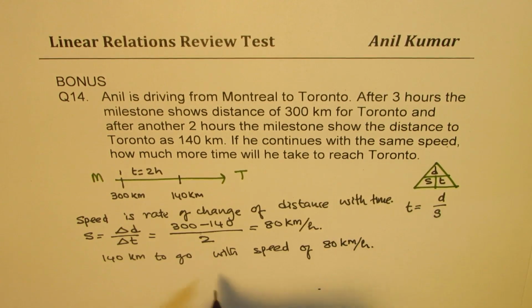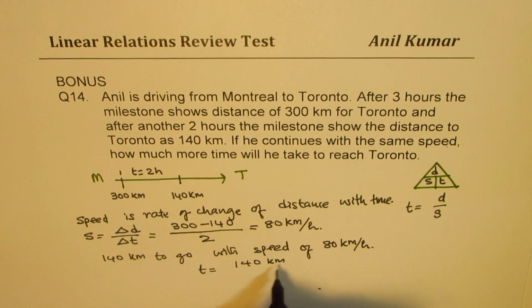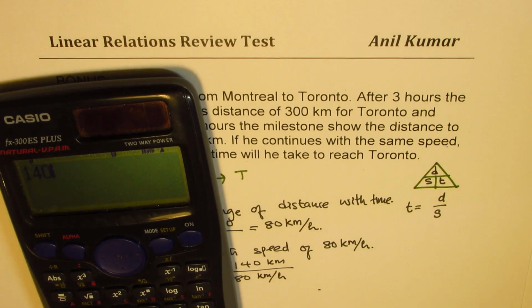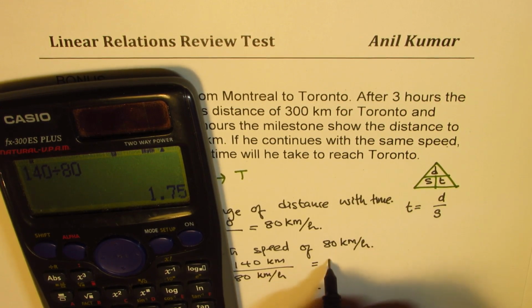Clear? So time should be how much? Time should be 140 kilometers divided by 80 kilometers per hour to get hours, right? So we'll just divide 140 by 80. So 140 divided by 80 equals 7 over 4, which is equal to 1.75 hours.